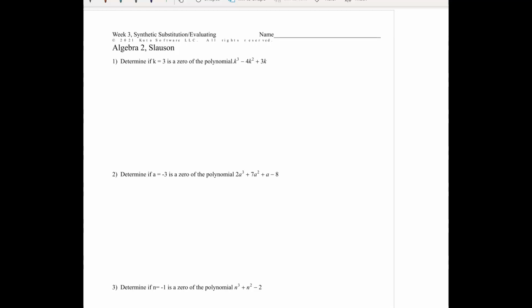we're going to determine if k equals 3 is a 0 of this polynomial, which means if I put 3 into k cubed minus 4k squared plus 3k, do I get 0? What we're used to is putting that number in.